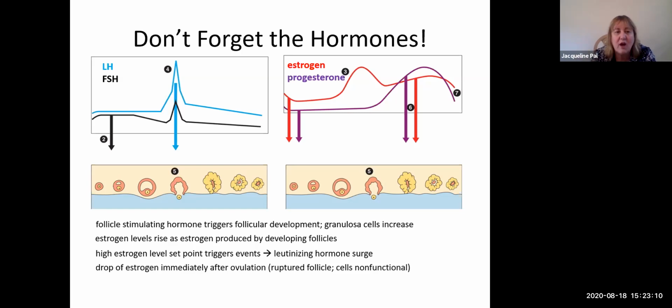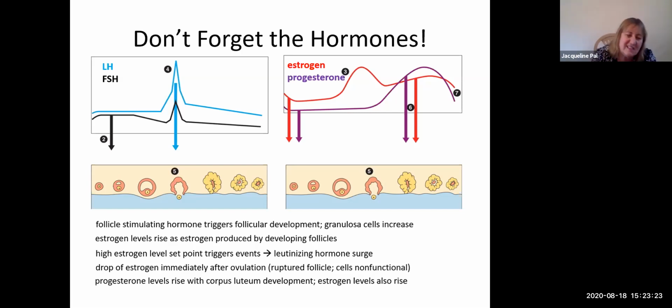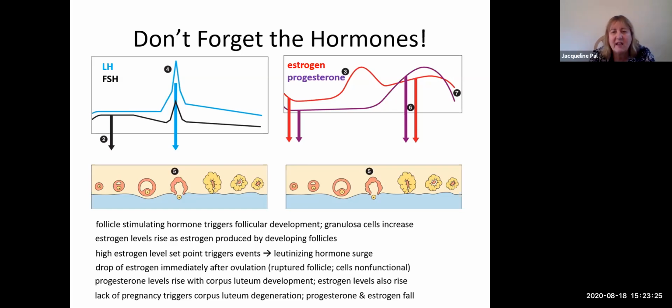So the drop of estrogen occurs immediately after ovulation because of non-functional cells in that ruptured follicle, and then progesterone levels rise with the corpus luteum, estrogen levels rise slightly, and then the lack of pregnancy triggers corpus luteum degeneration, which gives us our fall in estrogen and progesterone levels.